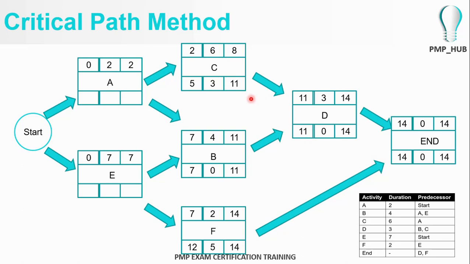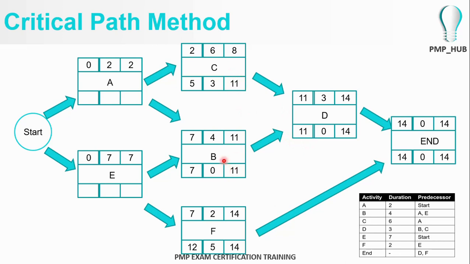Same goes here. For activity C, the latest finish time will be day number 11, because activity D's latest start time is day number 11. So the latest finish time for activity C is day number 11.